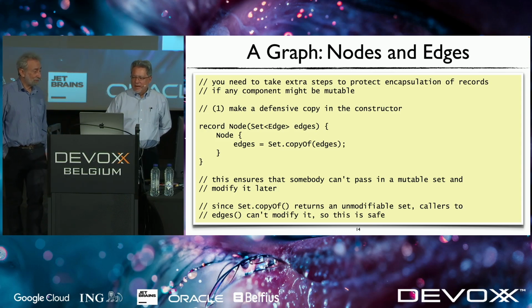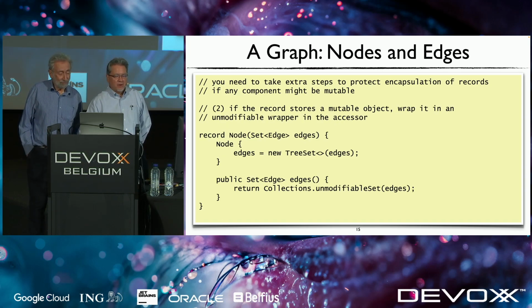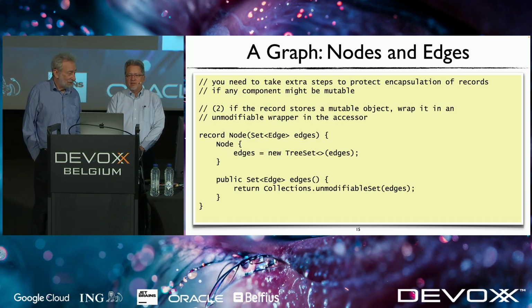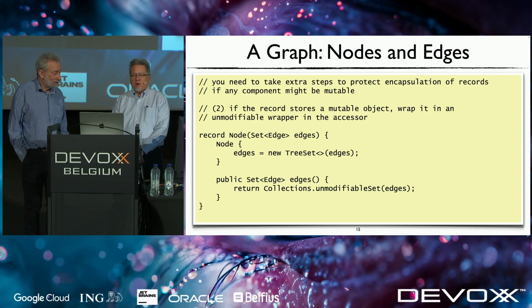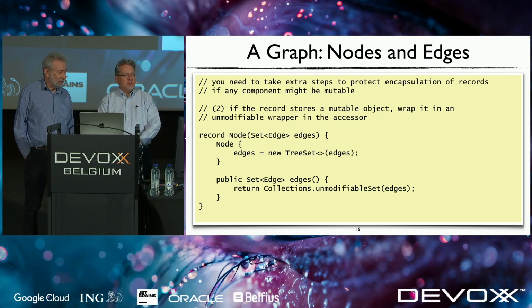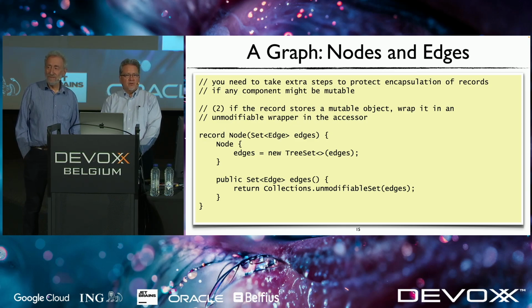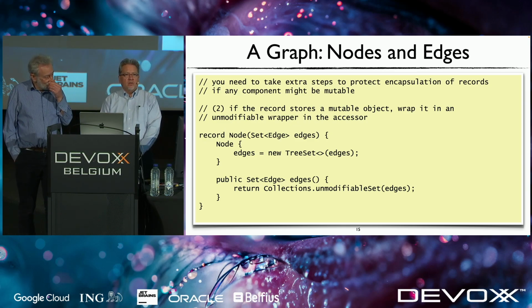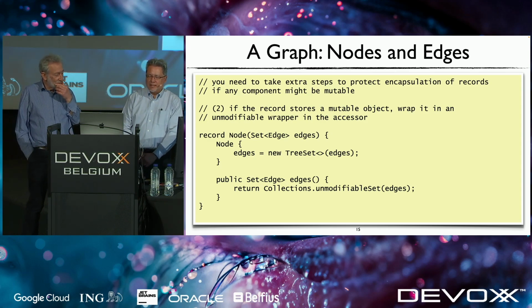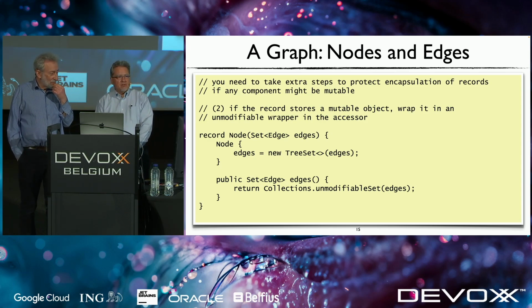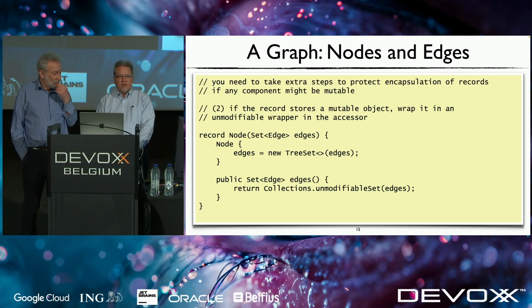Right. Okay. Yeah. So let's show a variation on that, which is suppose that the component type is set, but suppose you want the edges to be sorted, and so TreeSet gives you sorting, and so you want the record's internals to be a TreeSet. Okay. So that's fine. That gives you the sorting property, but there's no unmodifiable version of TreeSet.